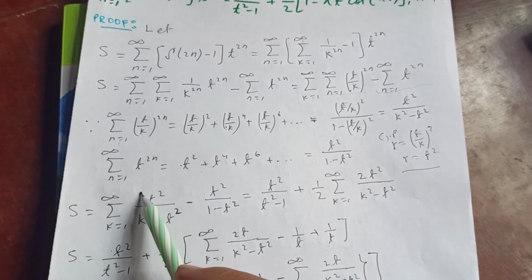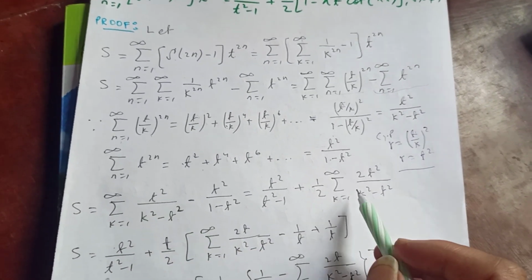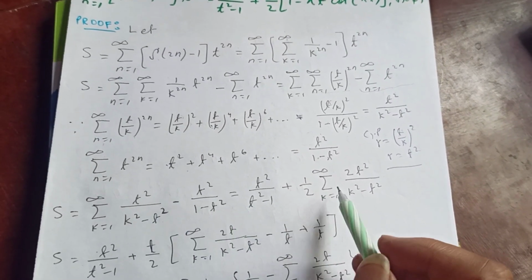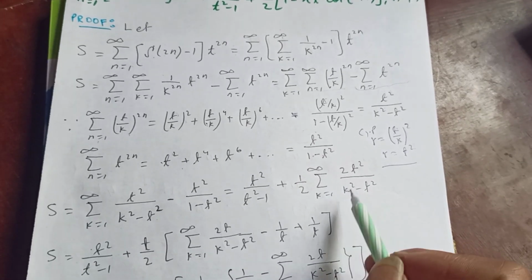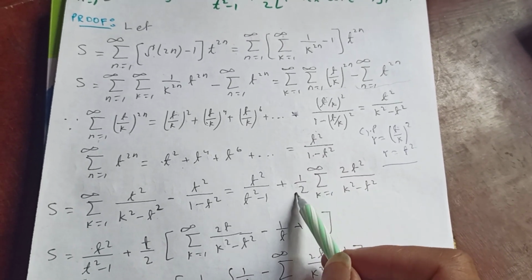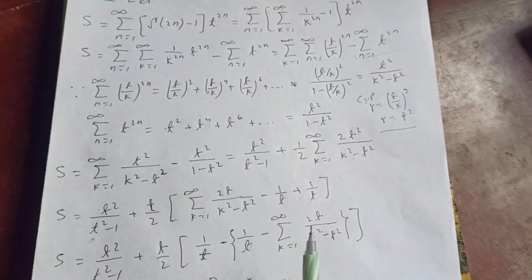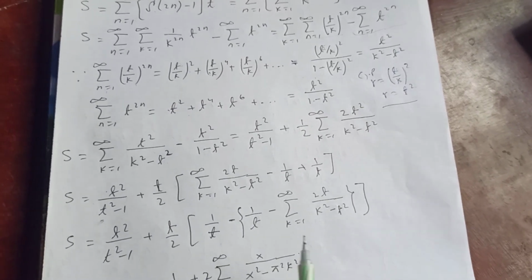Here there is no 1 by 2, right? So in order to be satisfied, I'm going to multiply by 2 t square upon k square minus t square, such that these two will get cancelled, then you will get back this one. Why did we do this? Okay, you will see here.